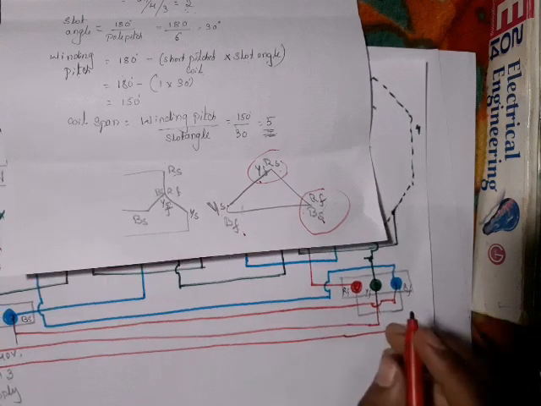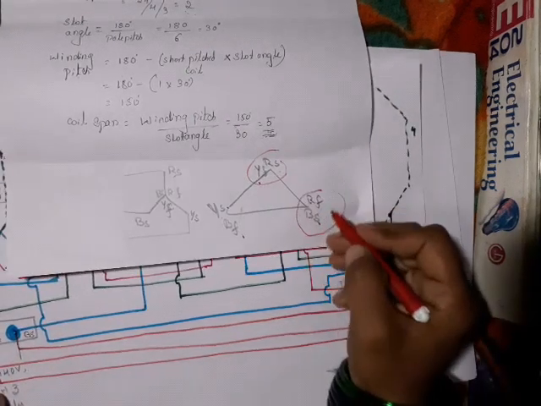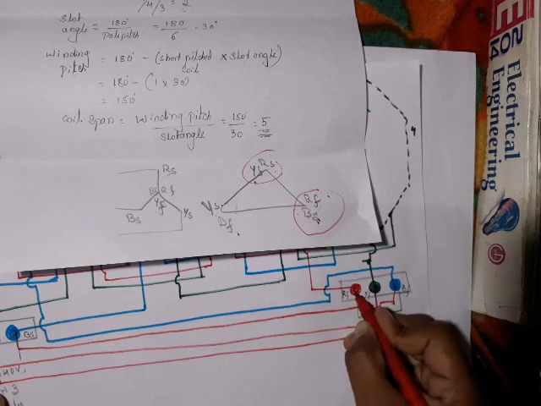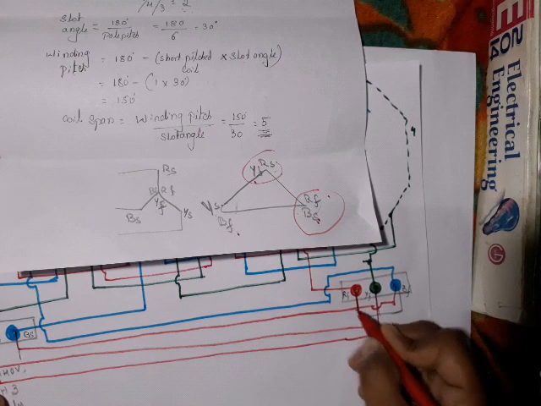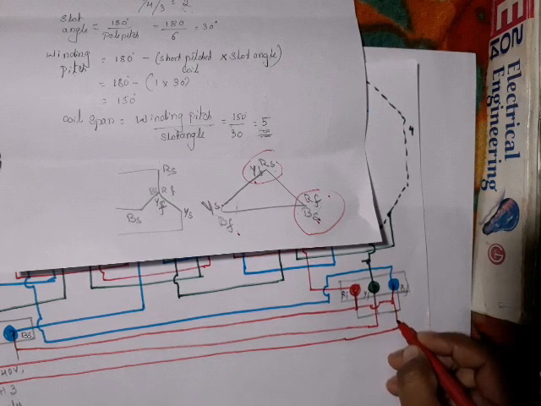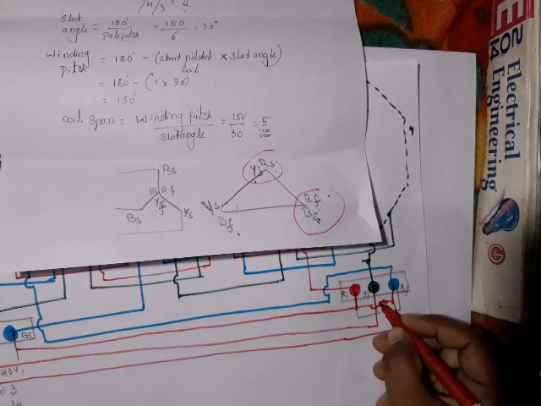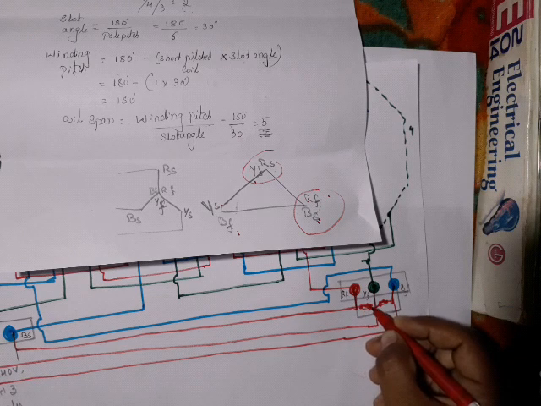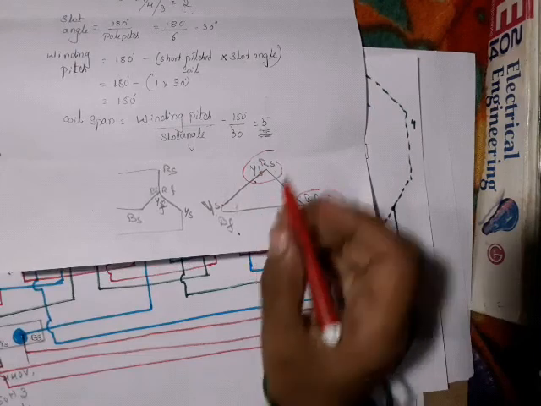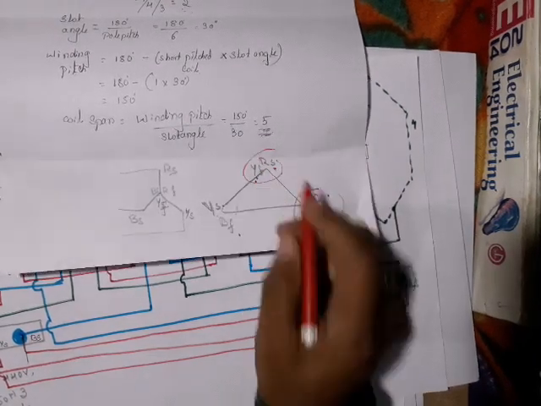Guys, a small mistake happened here. BS is connected to RF, right? I have connected it to BF. I'll just change it here. Okay, this connection is not there. I cannot erase it, but I hope you have understood. Very simple. RS is connected to YF.